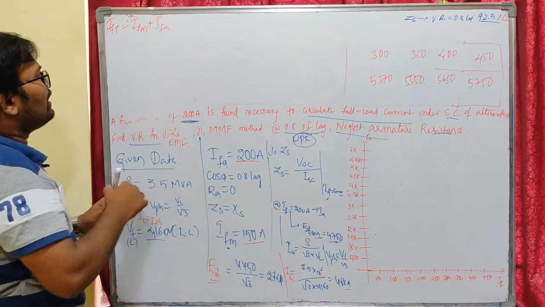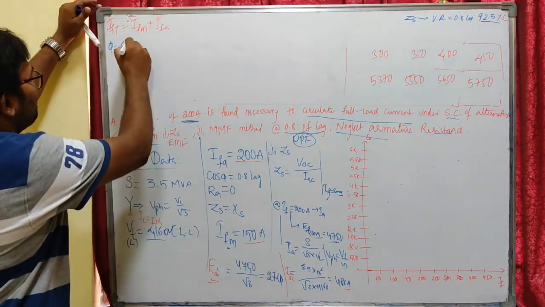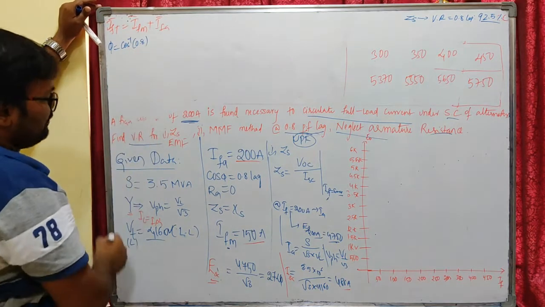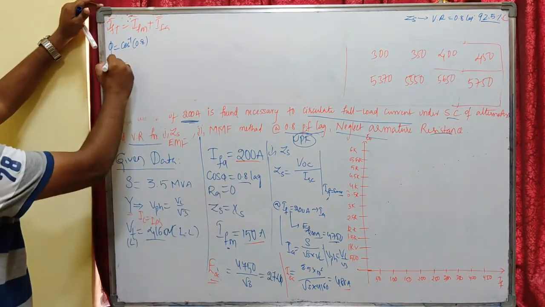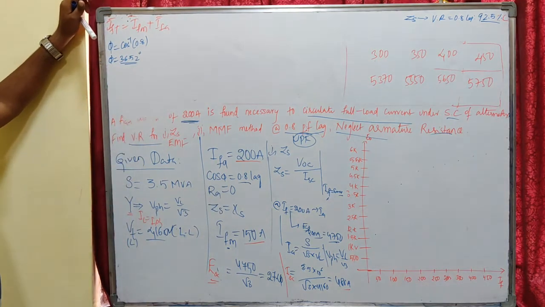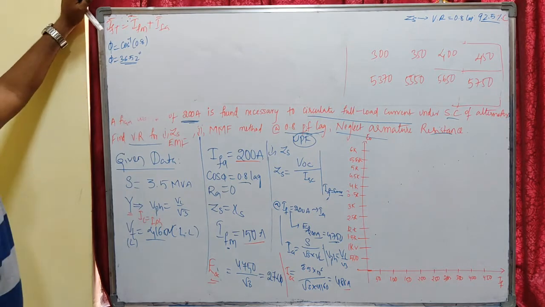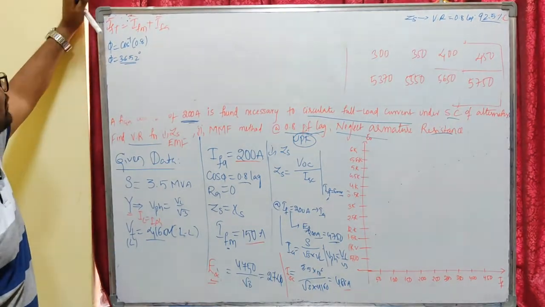For that we need the phase angle, that is the power factor angle: cos phi equals 0.8, so phi will be cos inverse of 0.8, which is 36.52 degrees. This is also one standard value you should remember if you are going to write GATE. So phi is 36.52.